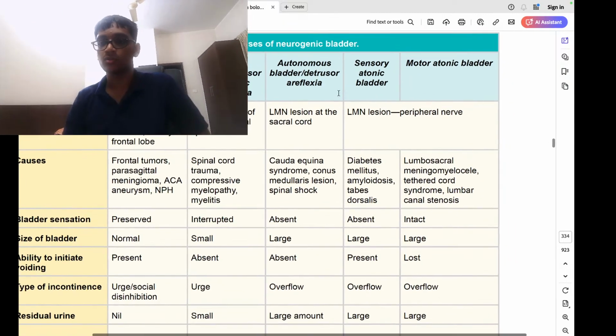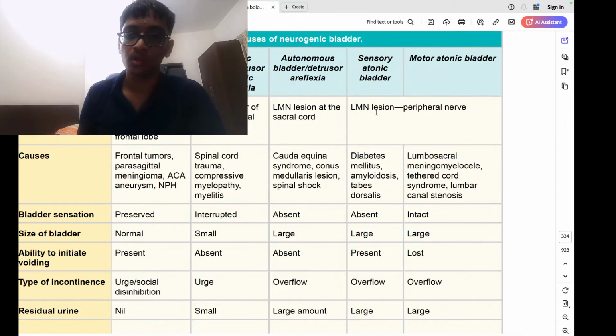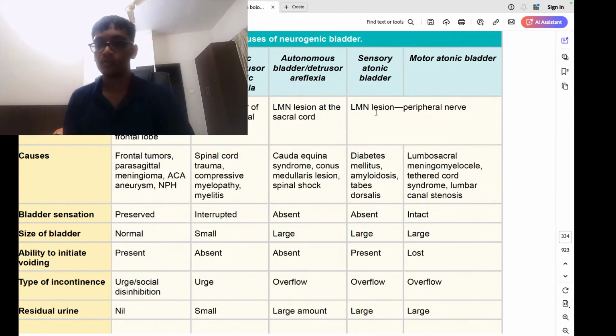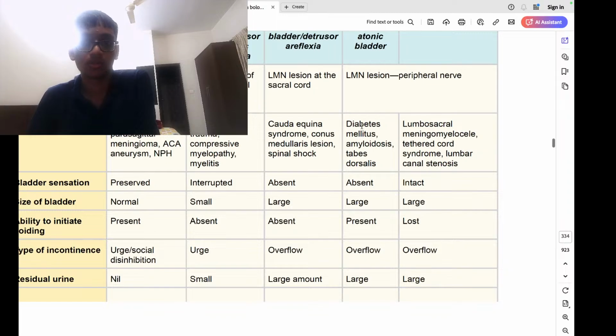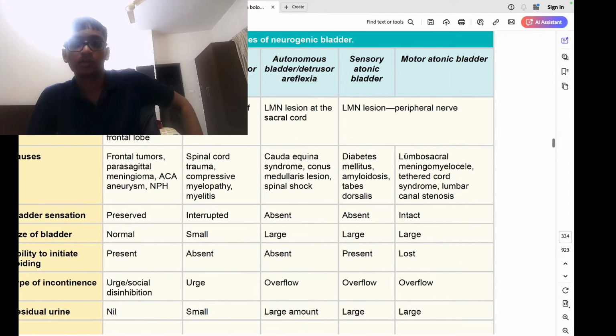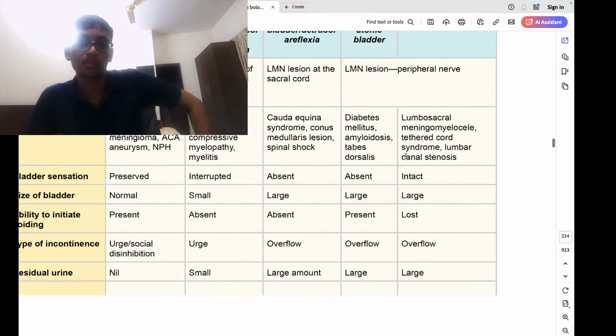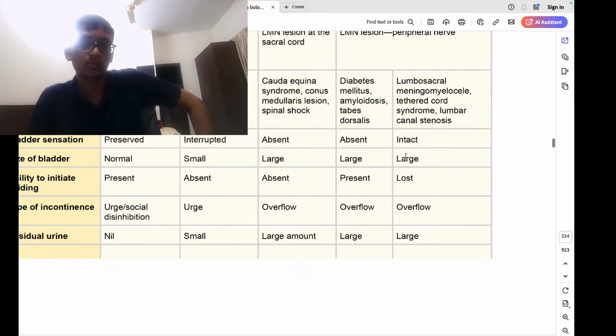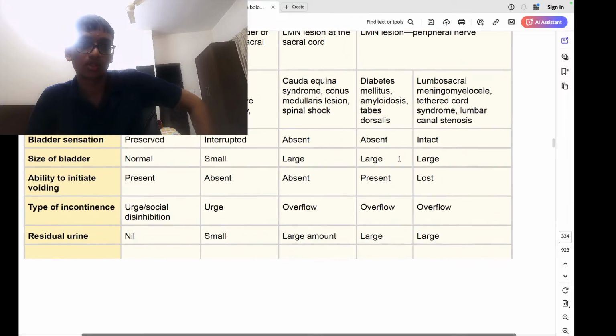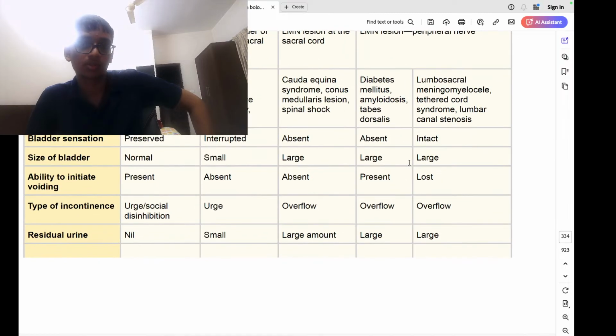Then sensory atonic bladder and motor atonic bladder are both lower motor lesions, peripheral. Sensory is seen in diabetes mellitus, amyloidosis, tabes dorsalis. Motor is seen in lumbosacral meningomyelocele, cauda equina syndrome, and lumbar canal stenosis. So bladder sensation is absent in sensory, it will be intact in motor. Size of the bladder is large in both of them.